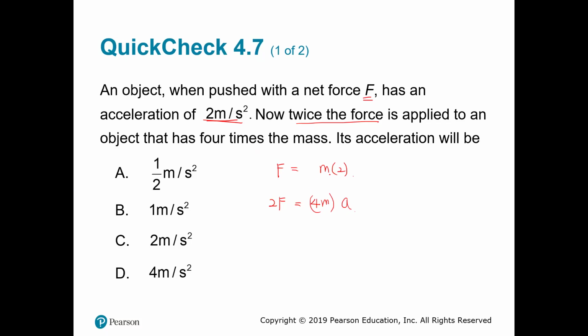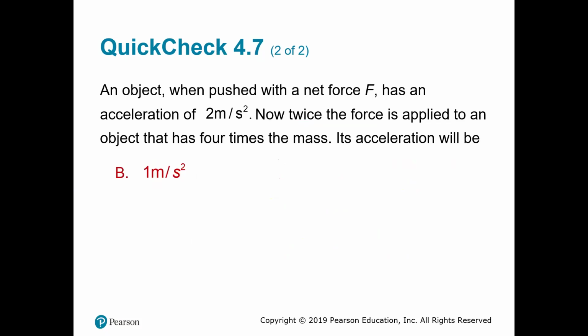From here, you can already find F over m, the ratio, and the acceleration is 2. So if you divide both sides by 4m, you will see 1/2 times F over m. And you see here F over m is a, so this is 1/2 a. So the new acceleration is half of the original value. The acceleration was 2, so your answer is half of it, which is 1.